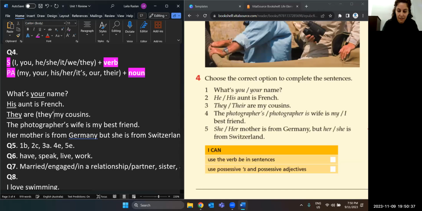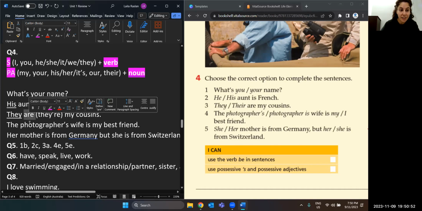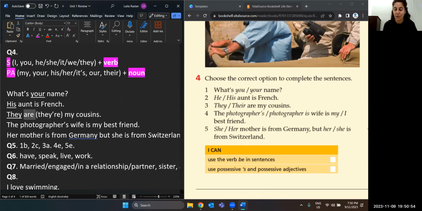They're my cousins. But we need the subject because the next word is a verb. Are is a verb. It comes from the verb to be, and it's plural. They are. So that's why it's they, not their.